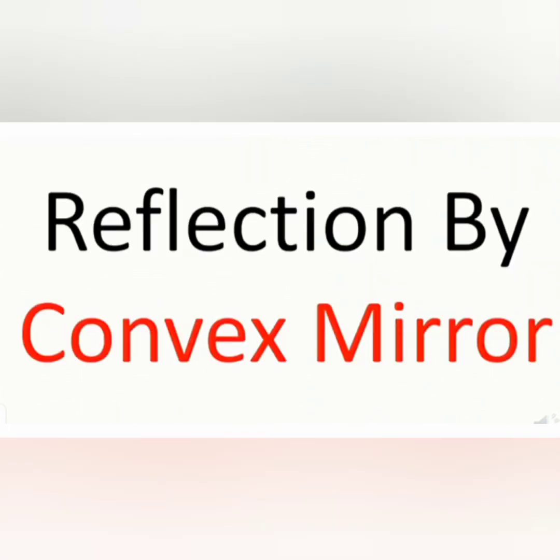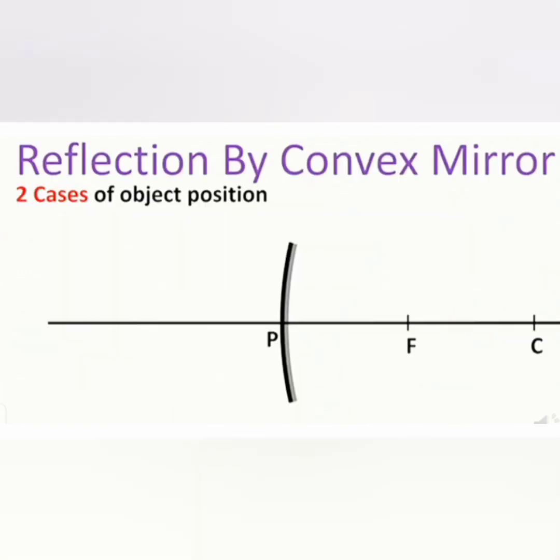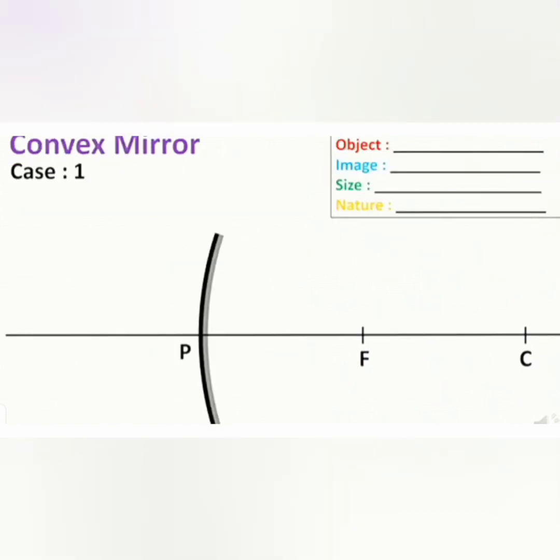Now move on to the reflection by the convex mirror. Here we have to follow only two cases of object position. In the first case, the object will be at infinity, and in the second case, the object will be in front of the mirror. So move on to case number 1 in the convex mirror.